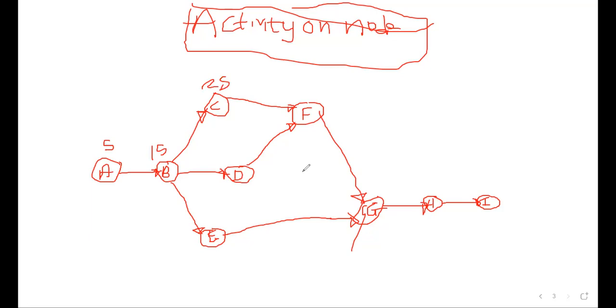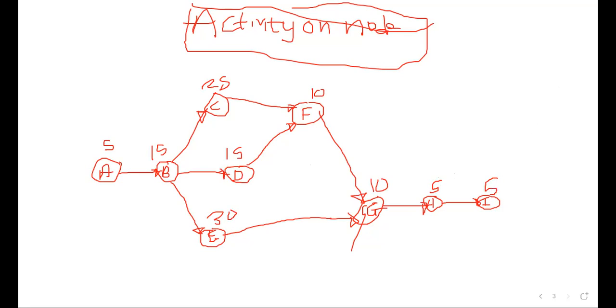Then our D is what? 15. Then our E is 30. Our F is 10. Our G is also 10. Then our H is 5. Then our I is also 5.